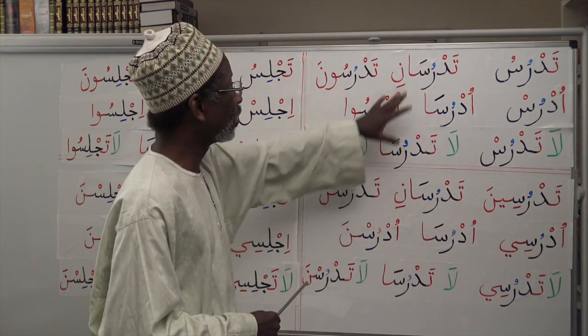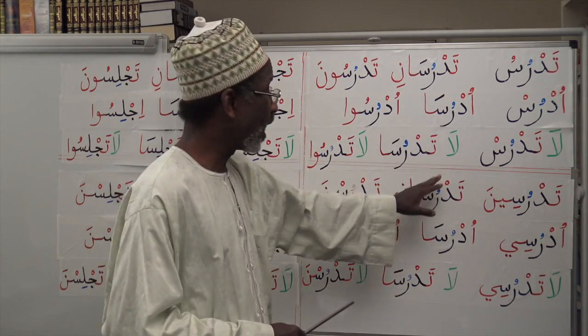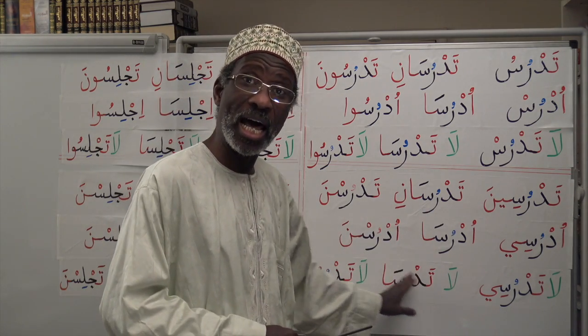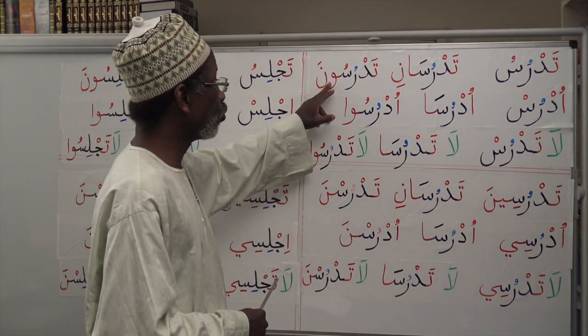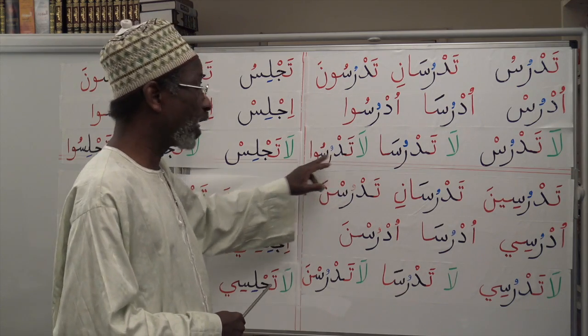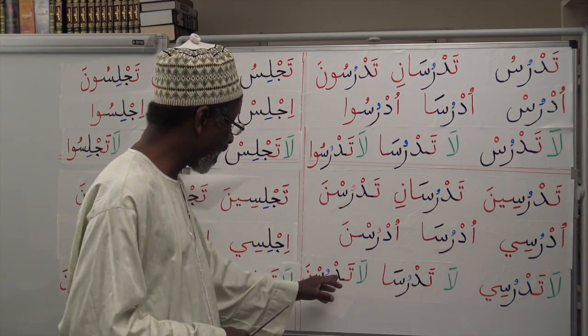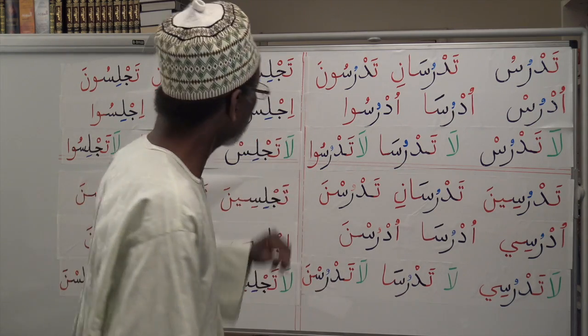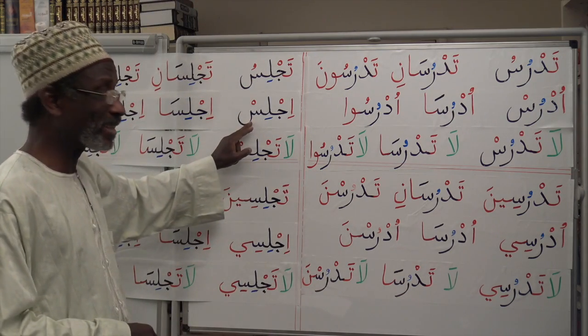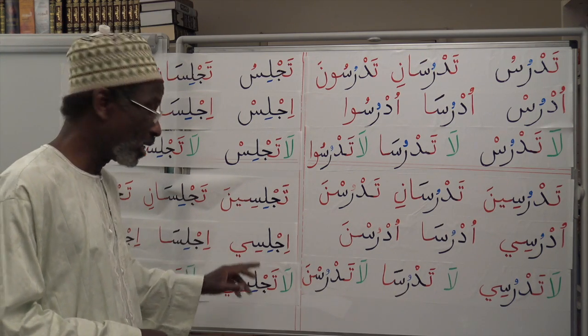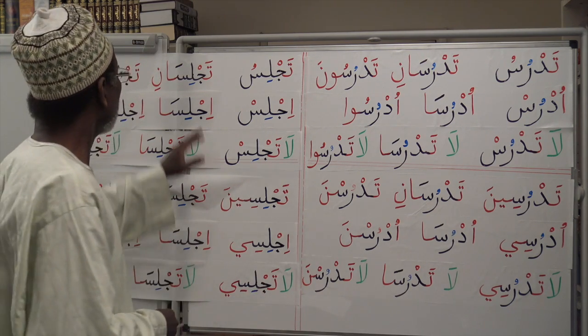Once that's been established, as I said, it becomes very easy. The same ending: tadrusani, udrusa, la tadrusa. Tadrusuna, udrusu, la tadrusu. Tadrusna, udrusna, la tadrusna. Another template: tajlisu, ijlis, la tajlis. Tajlisina, ijlisi, la tajlisi.